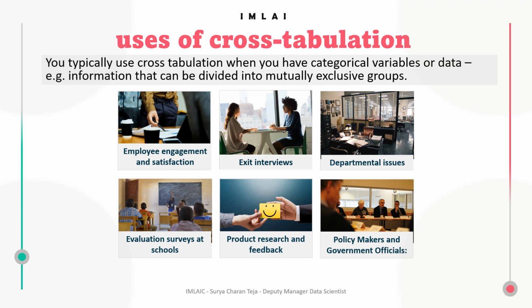And similarly, policy makers and government officials: how do certain demographics feel about your policy, your schemes, your party, and what would they like to see, and how does their feedback differ from one region to another region, and the people's satisfaction.